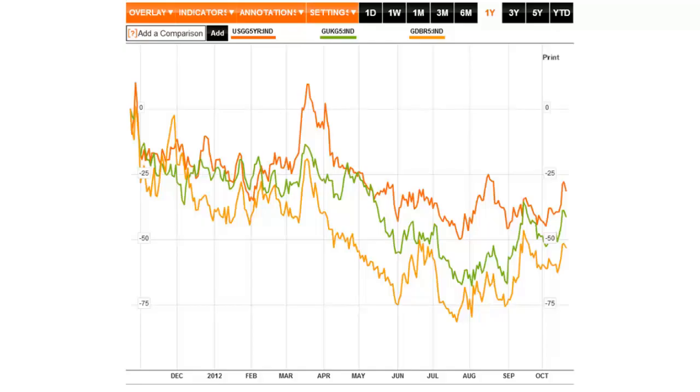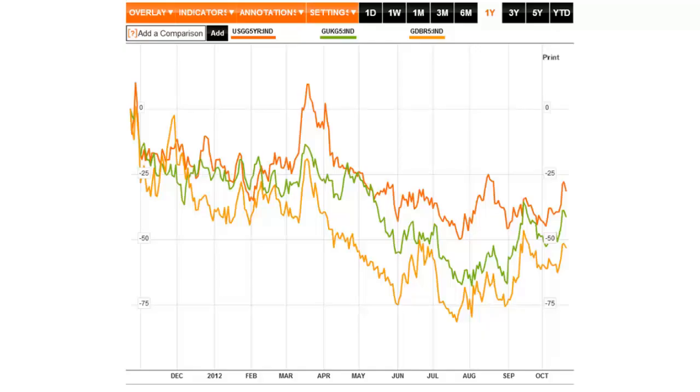If you do a Google search on 5-year U.S. Treasury government bond yield and click on that, you'll see the Bloomberg link. Do the same thing with the UK 5-year bond yield, Bloomberg. Put that in your Google search, and obviously do the same thing with the German 5-year bond yield, Bloomberg.